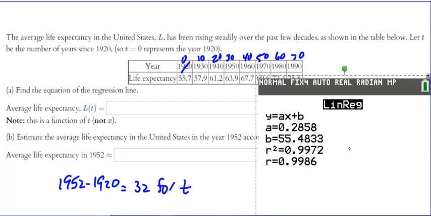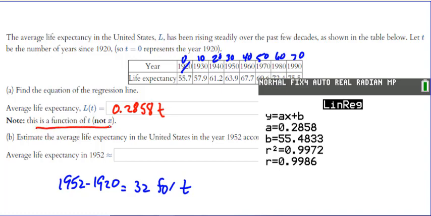I've got it to 4 decimals just because that's what I had last time. So it's 0.2858t, right?